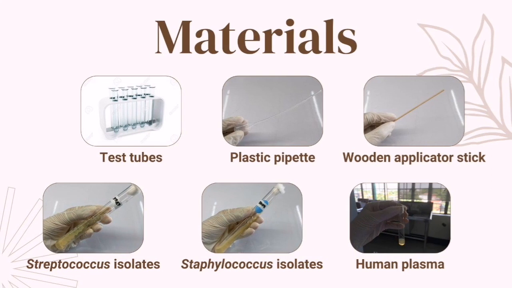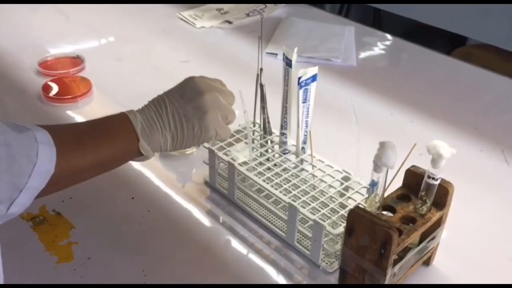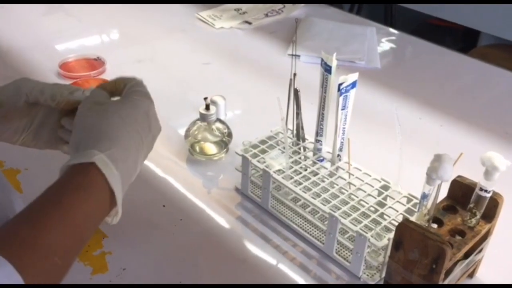The materials used are the following: test tubes, plastic pipette, wooden applicator stick, Streptococcus isolates, Staphylococcus isolates, and human plasma. First, add human plasma in a test tube.